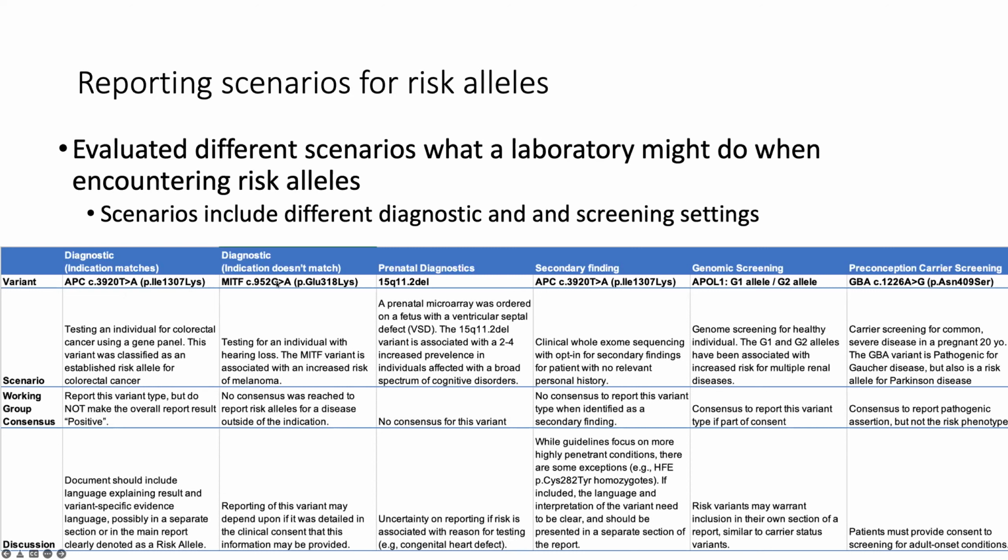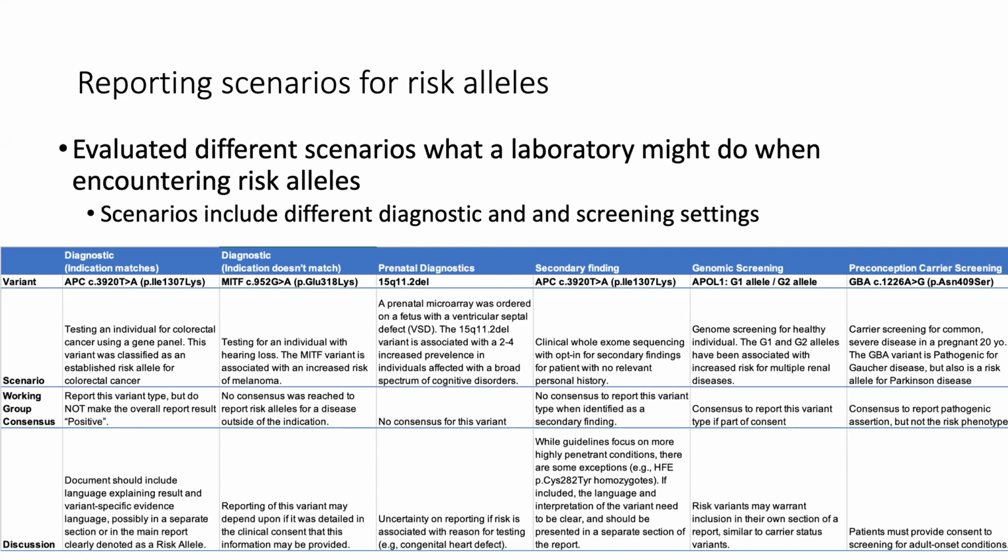In instances where the indication doesn't match, and we're actually going to talk about this variant a little bit more, where there's an increased risk of melanoma, but you might actually find this on a panel for hearing loss. We didn't really reach a consensus of what you should do, but I think the reason was it's probably dependent upon what the patient is consented for, and whether or not the lab discloses that they're going to be returning this type of information.